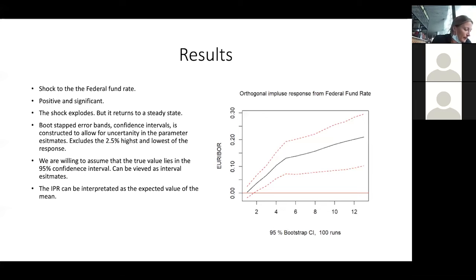So what was the time period here? That's from 1999, where the Euro area was created, until November 2019.